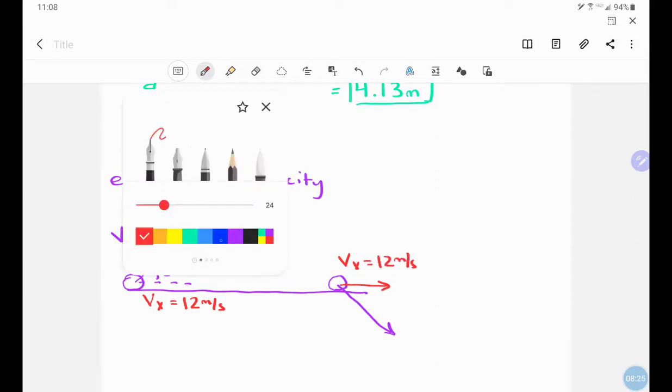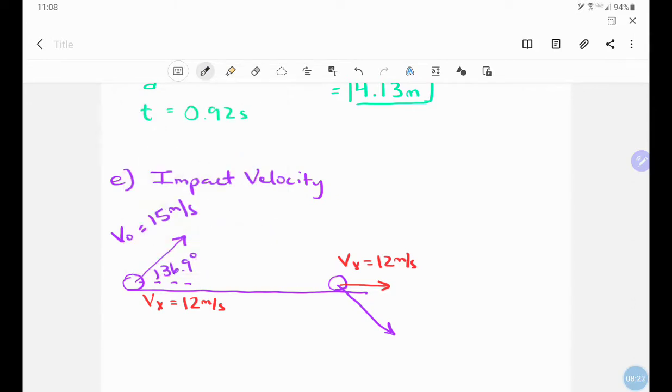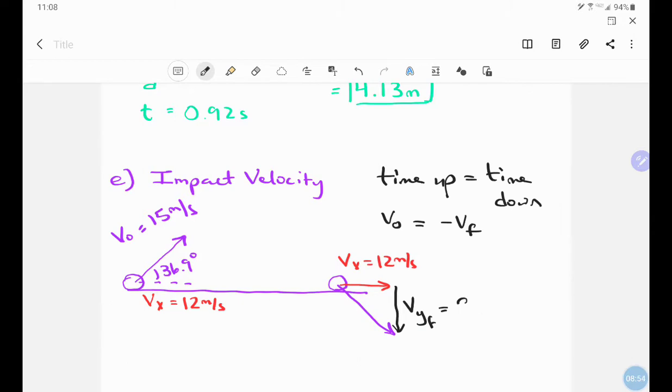I can also apply the fact that for vertical motion, assuming level ground, time up equals time down, and therefore V initial is equal to minus V final. So the final y velocity here is negative of the initial velocity, which is 9 meters per second, but negative. This is impact velocity.